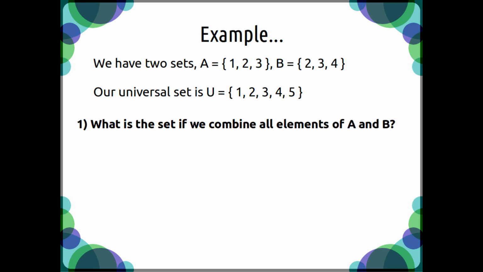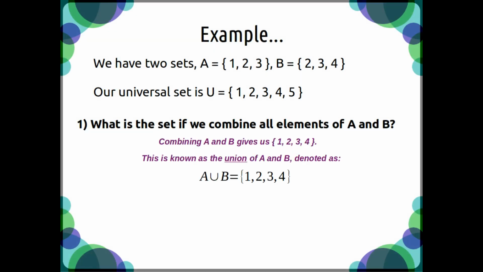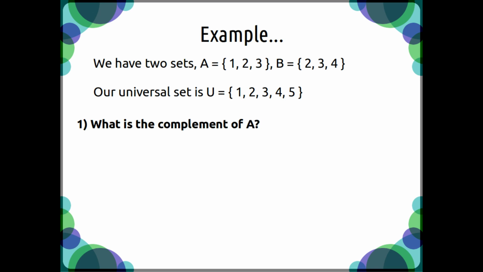What is the set if we combine all elements of A and B? Combining A and B gives us the set 1, 2, 3, and 4. This is known as the union of A and B, which is denoted in this way. What is the complement of A?